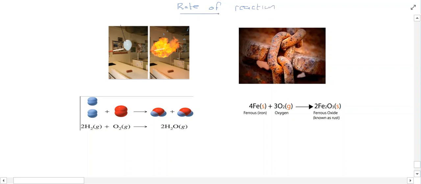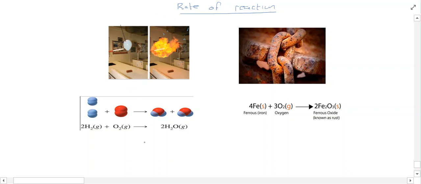And when we talk about rate of reaction, we're talking in relation to a chemical reaction. Rate really can be related to how fast something happens. Now, if we think about chemical reactions, and chemical reactions are just changes that can be observed, we're talking about how fast the reaction happens.